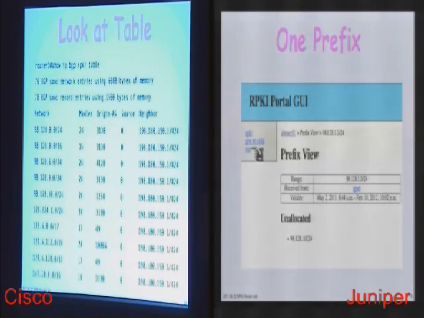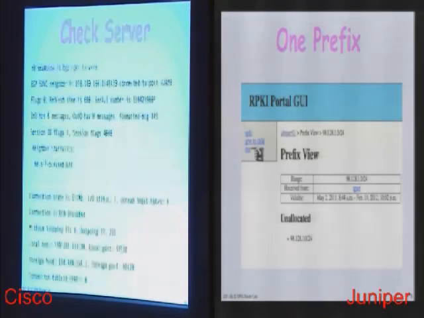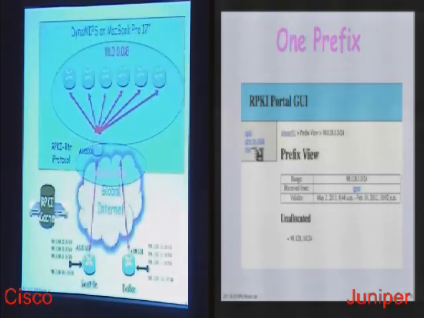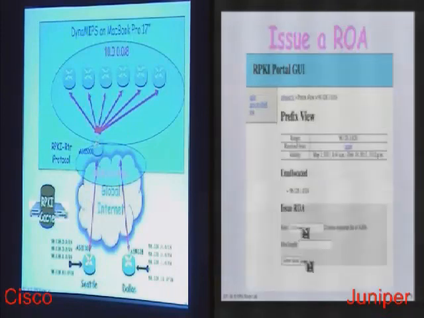Okay? So we want to issue a ROA. I'm going to cheat here and go back a whole bunch of slides, so you see the two ASs that are interesting.